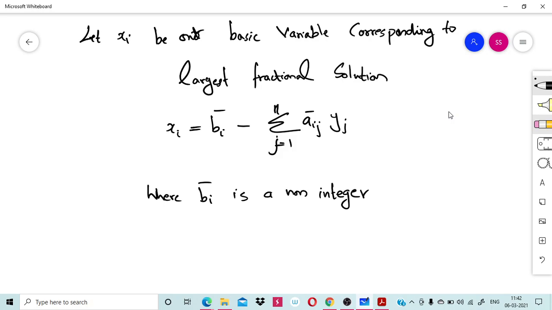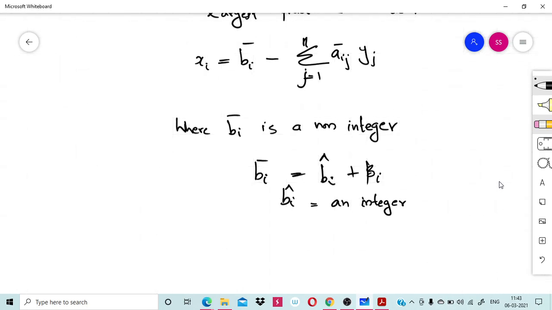We can write this non-integer bi bar as bi cap plus beta i, where bi cap is an integer and beta i is a fraction.